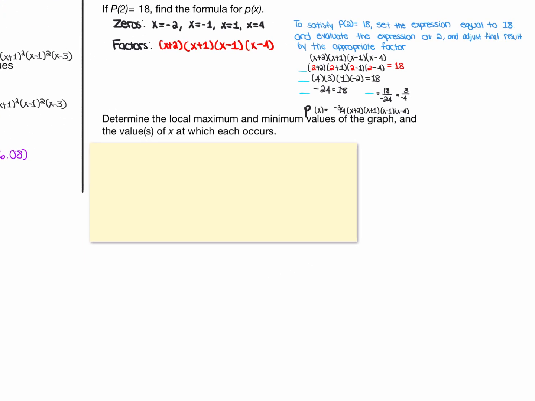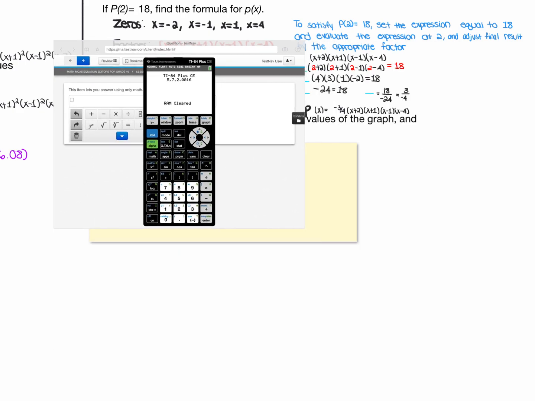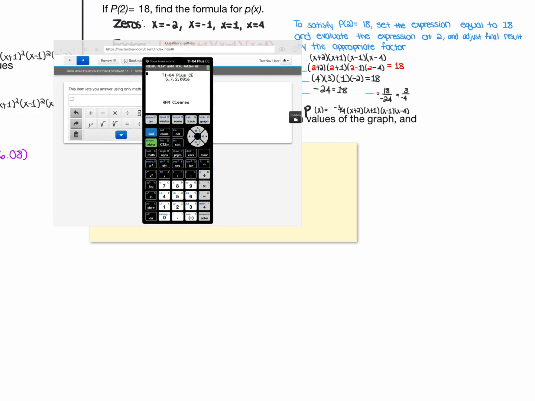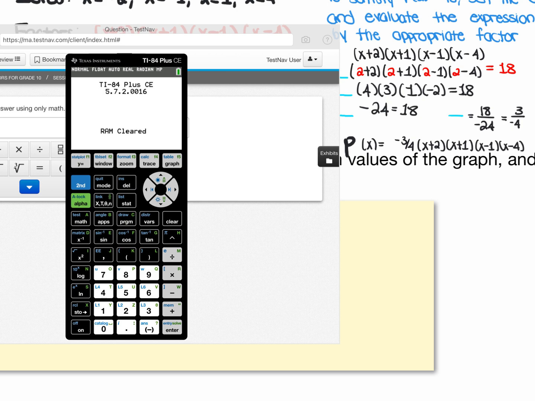And now we're going to go ahead and figure out our local max and min again. Here I have my calculator. We're going to plug in this function here. So we go to the calculator, we go to y equals again. So we just type in as is, negative 3 over 4 times x plus 2, times x plus 1 times x minus 1 times x minus 4.